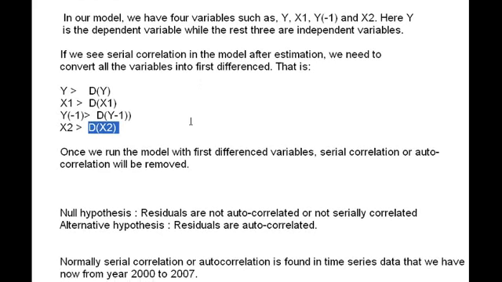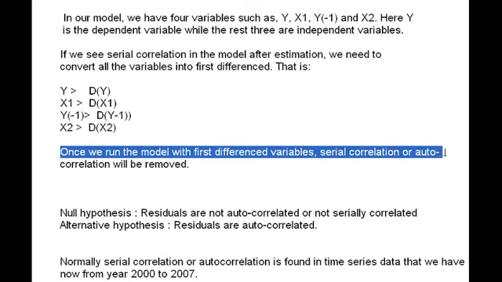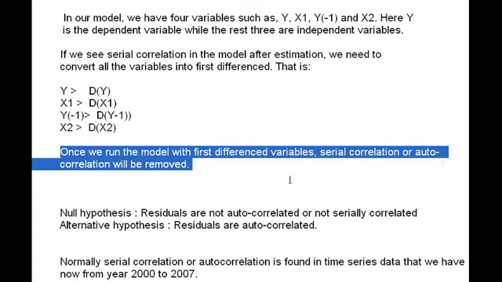Once we run the model with first difference variables, serial correlation or autocorrelation will be removed. This is our first difference method, and we shall apply it now.